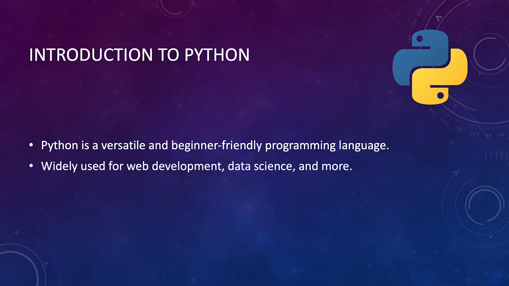Its extensive libraries and supportive community make it ideal for diverse applications, from web development and mobile development to data science. Let's make sure Python is installed on your system.